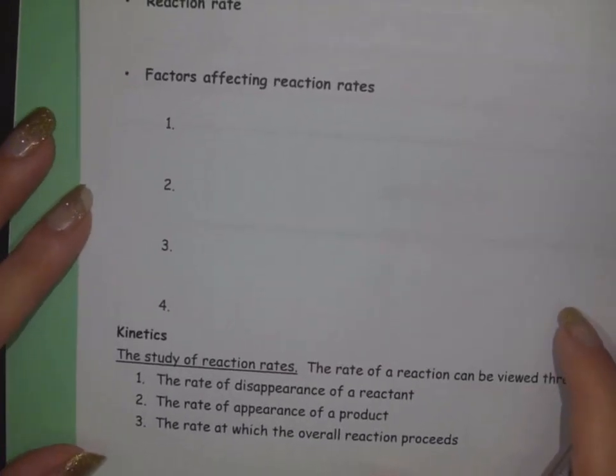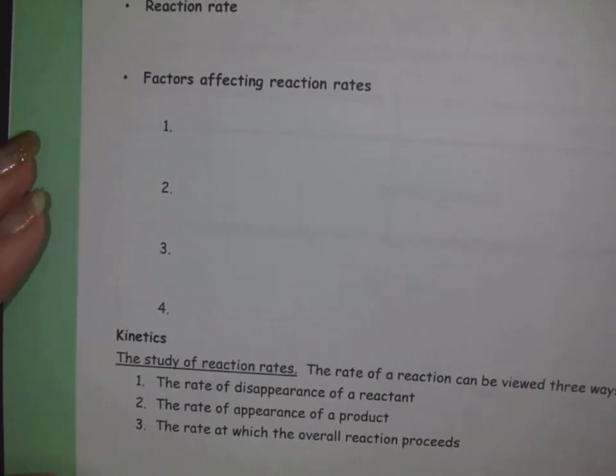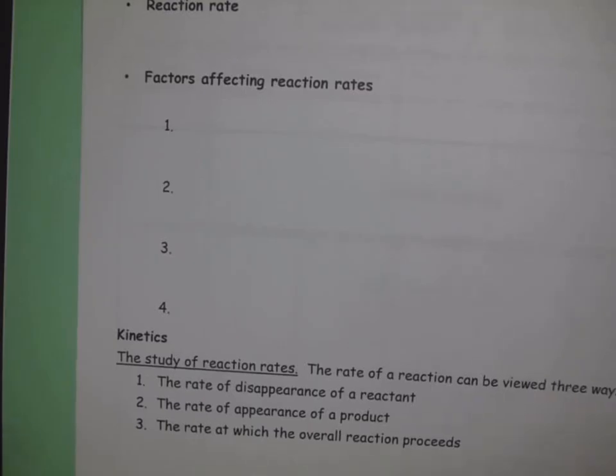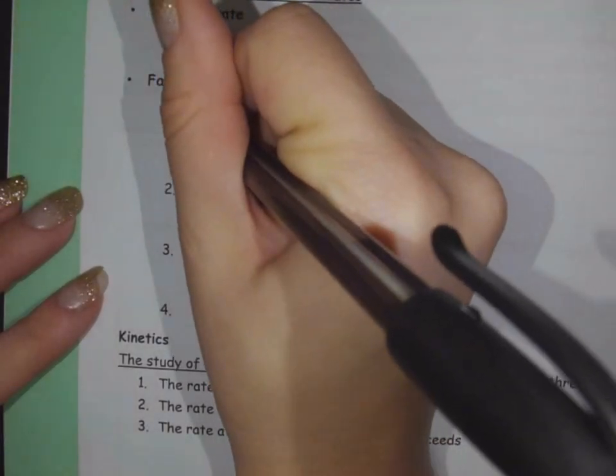The first thing that we could do to make a reaction go faster or slower is changing the temperature. Maybe we could focus on increasing the reaction rate, and you know that if you do the opposite, it would decrease it. So one way that we could increase a rate of reaction is by increasing the temperature.